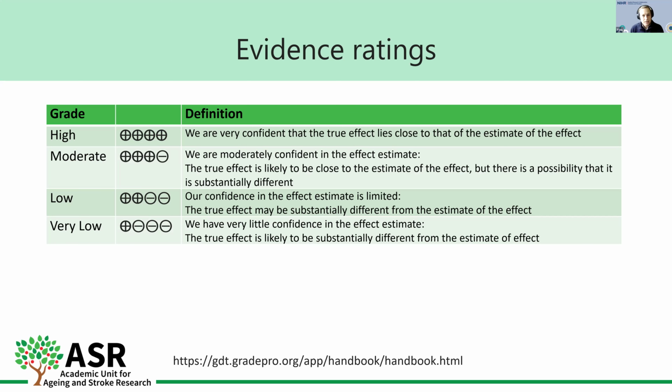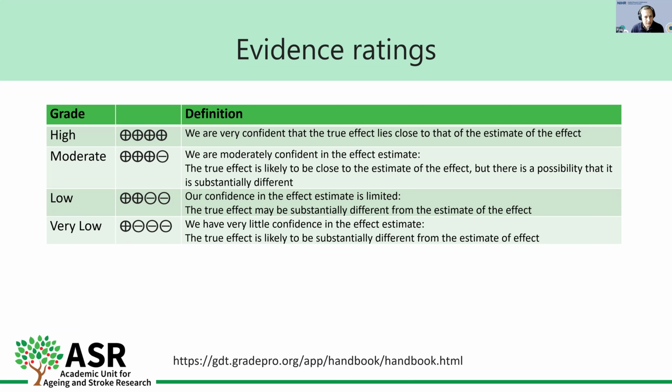So we rate evidence within GRADE at 1 of 4 levels: high, moderate, low, or very low. So it splits it out into quite broad categories, and obviously in reality this is a continuum, but it allows us to get some handle on the overall evidence. These symbols get used, so 4 of these pluses for high, and then going down to just the 1 plus for very low.